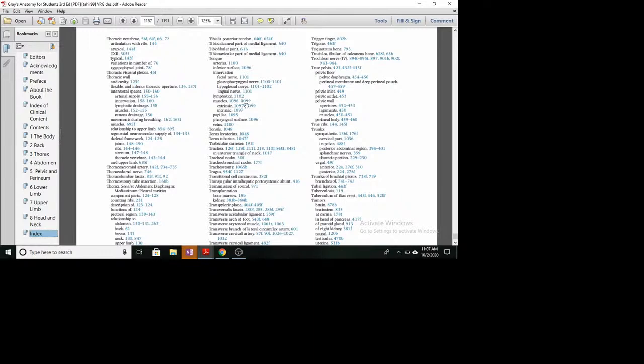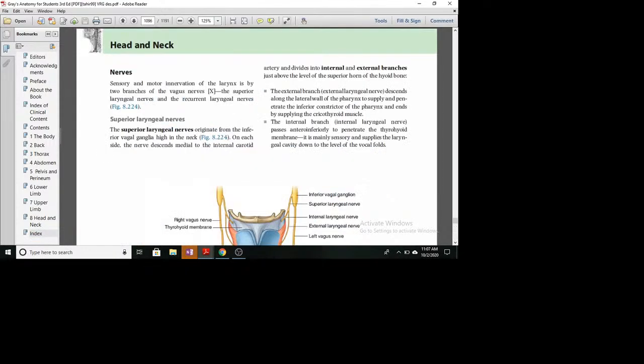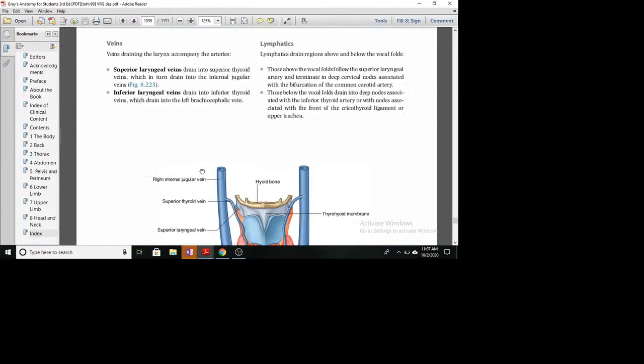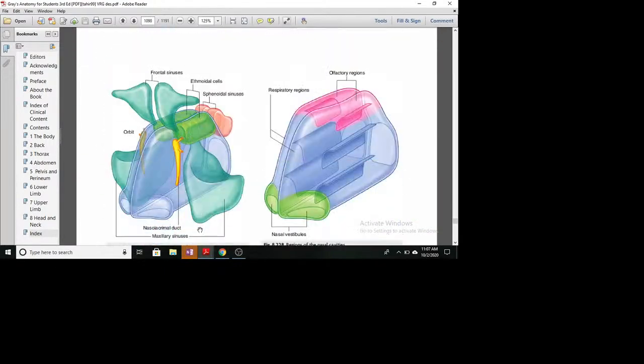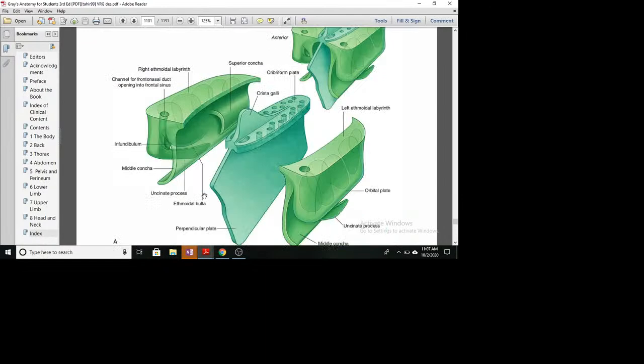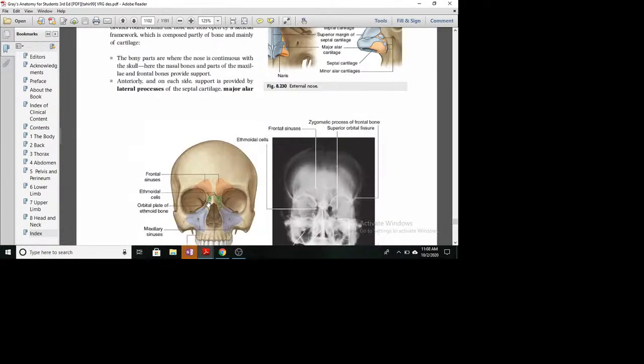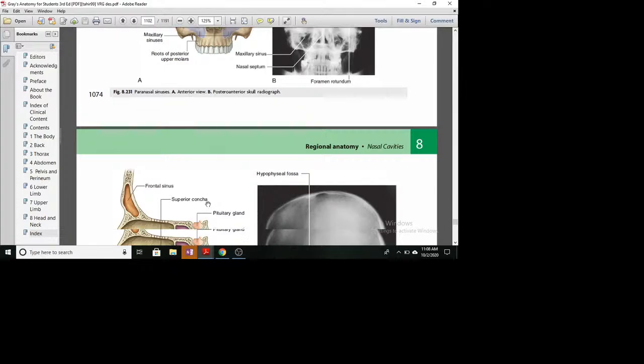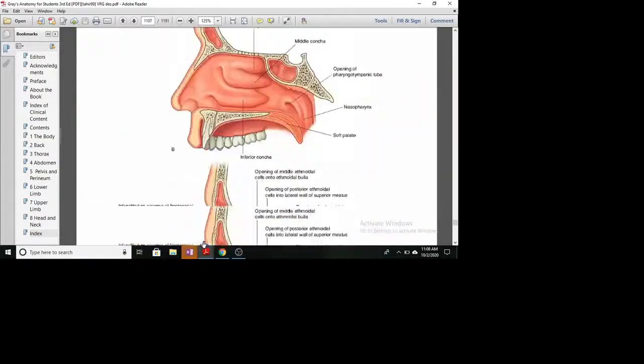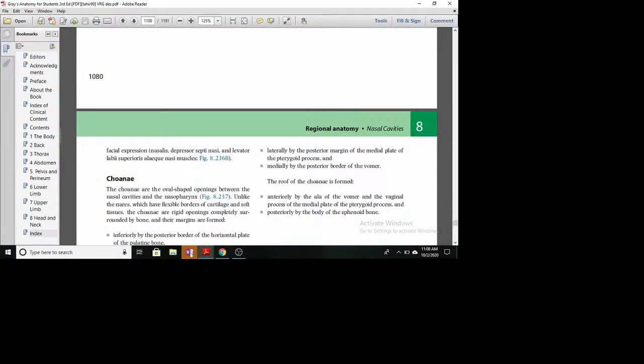Then the muscles: intrinsic muscles, extrinsic muscles, papillary surface, veins. Muscles are on pages 1096 to 1099.